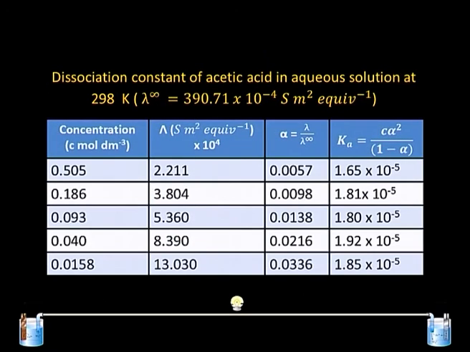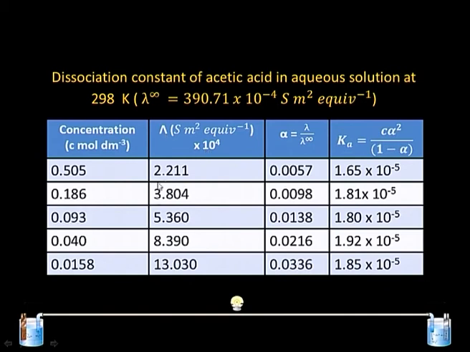If you look at how to find this dissociation constant, a table is given in front of you. If I take a concentration, I can determine it very easily by conductometric measurement. I have a known concentration of acetic acid, I dilute it further, at least 4-5 dilutions are required, and I then use the knowledge of cell constant and the measured conductance to get the value of equivalent conductance.